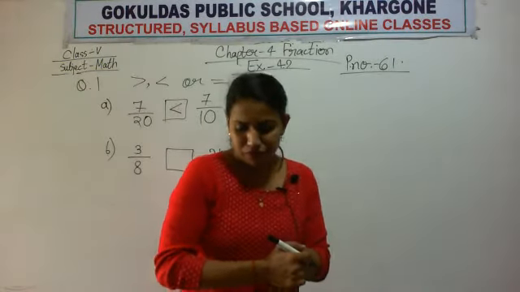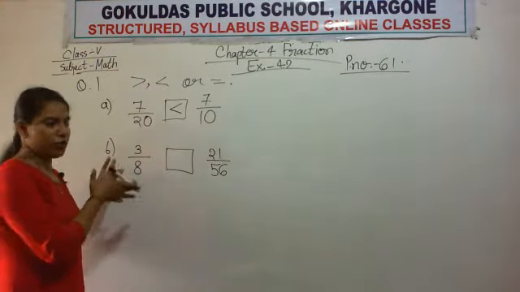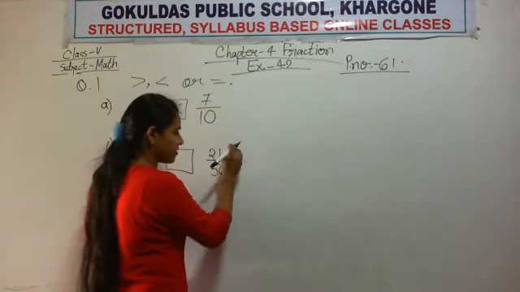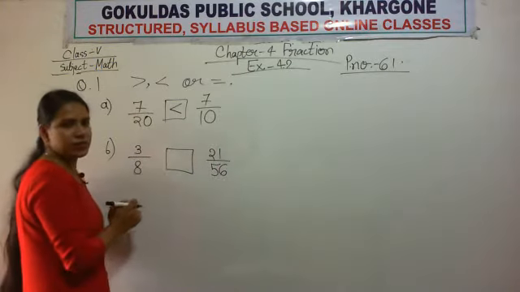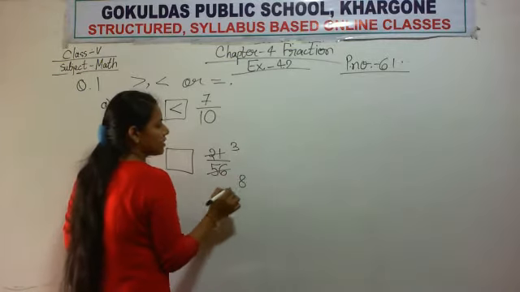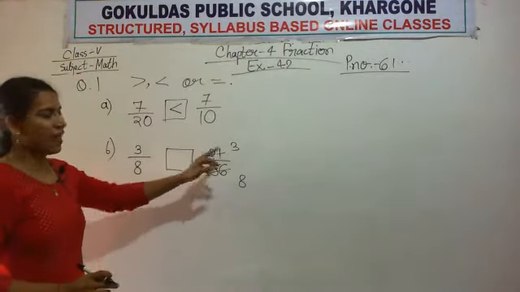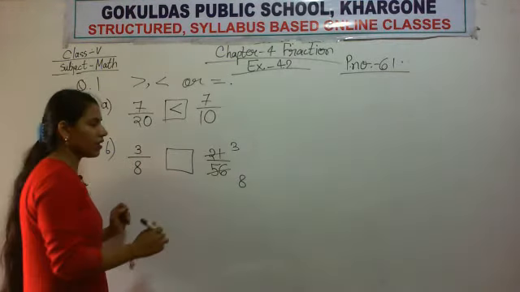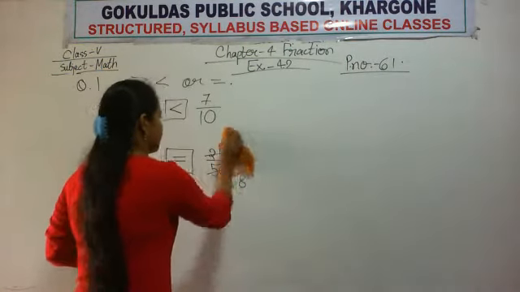As we know, 3 upon 8 cannot be reduced to its lowest form, but 21 upon 56 can be reduced, because 21 and 56 are both divisible by 7. 7 3s are 21 and 7 8s are 56. So when I reduce this fraction, I get 3 upon 8. So both are equal. So put an equal to symbol here.